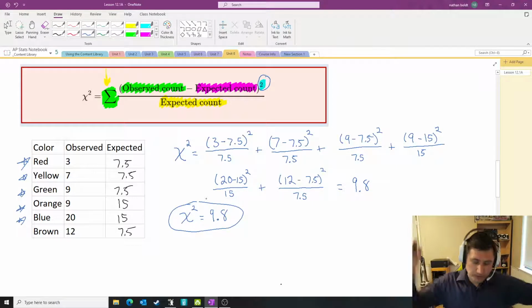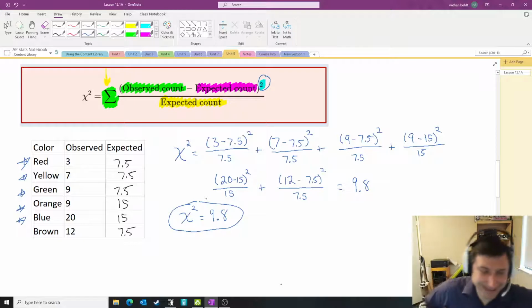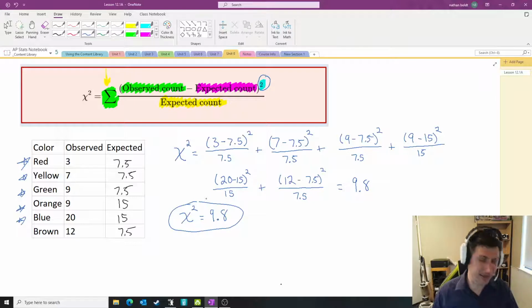So what the heck does that mean? We don't know what that means yet. It does seem like a very arbitrary number at first because we don't know a whole lot about the chi-square distribution yet. You can never spot check this just by looking at a chi-square and saying, oh, that's big, that's small.